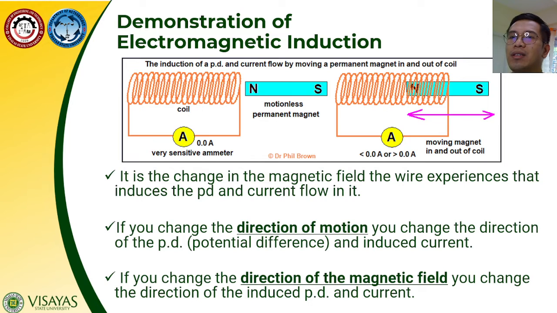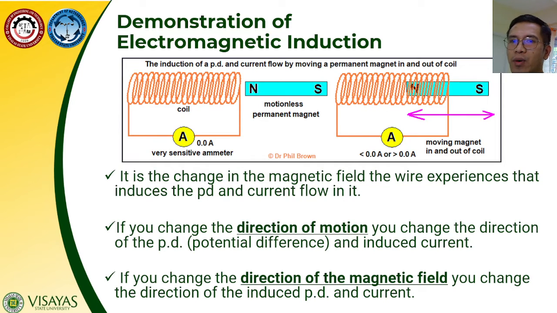So we set up a circuit consisting of an insulated copper wire connected to a very sensitive ammeter. So an ammeter can measure all the electrical variables like voltage, ampere, resistance. So ammeter ang tawag ana nga instrument.